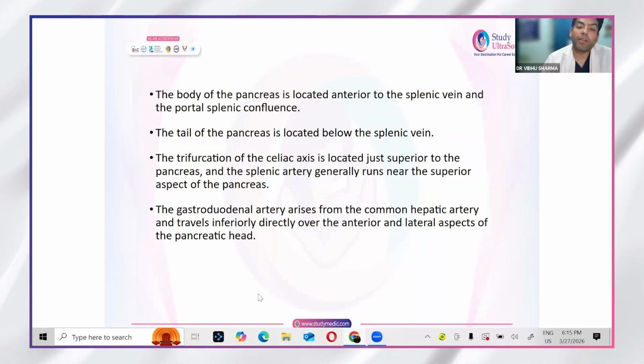So the body of the pancreas is located anterior to the splenic vein and portosplenic confluence, the tail is located below the splenic vein, and the trifurcation of the splenic artery is located just. The gastroduodenal artery arises from the common hepatic artery and travels inferiorly directly over the anterolateral aspect of the pancreatic head.